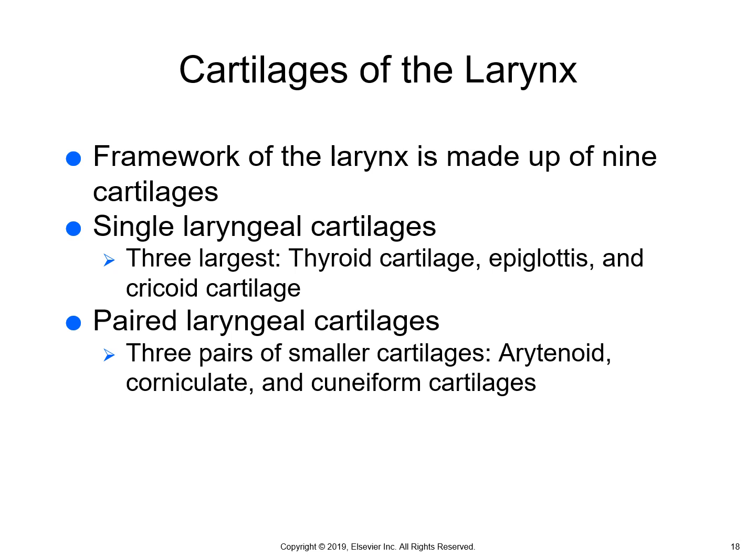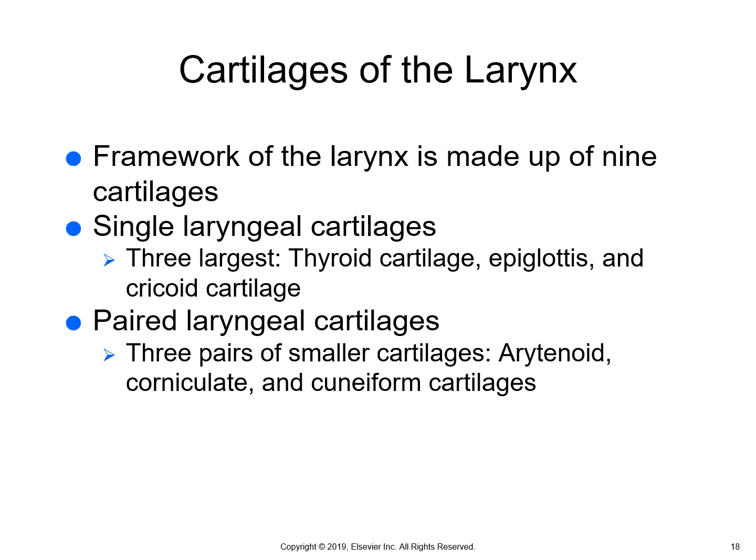The cartilages are divided into single laryngeal cartilages, and then also paired groups, meaning 2. They help us with breathing, they protect our sound, and they also help with producing sound.